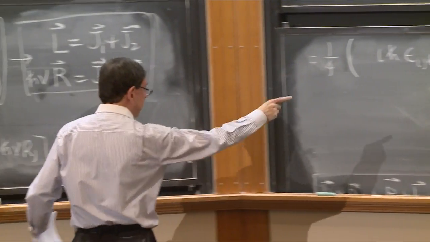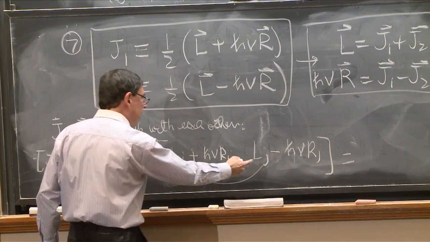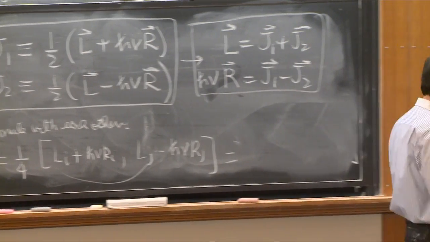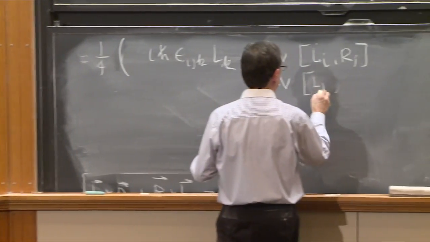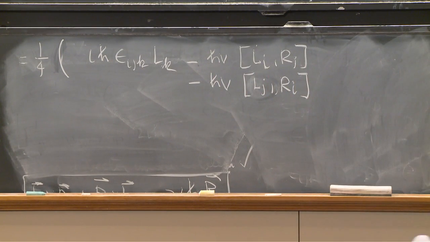So I have minus H nu Li with Rj. And now I have a plus of this term, but I will write this as a minus H nu of Lj with Ri. Those are the two cross products.